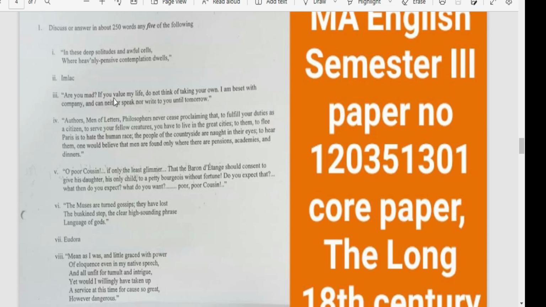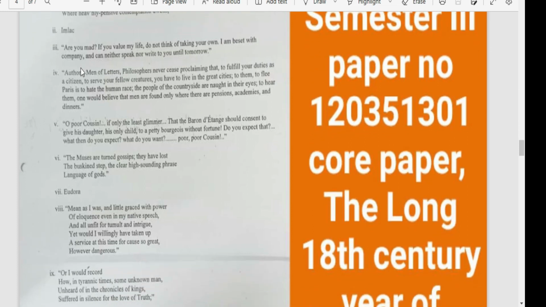In these deep solitude and awful cells where heavenly pensive contemplation dwells, Imal, then are you mad? If you value me life, do not think of taking you on. I am beset with company and can neither speak nor write to you until tomorrow. Authors, men of letters, philosophers never cease proclaiming that to fulfill your duties as a citizen, to serve your fellow creatures, you have to live in the great cities.